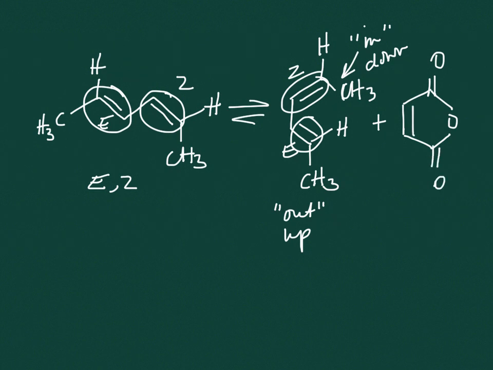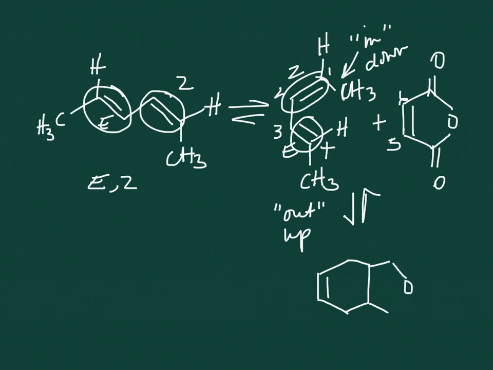Okay, there's our dienophile. 1, 2, 3, 4, 5, 6. The product needs to have our base cyclohexene and then the ring.